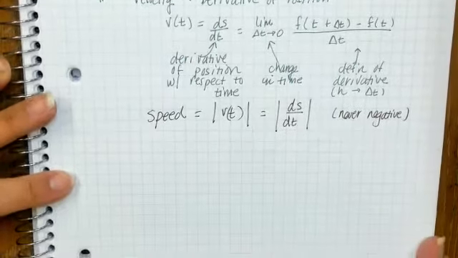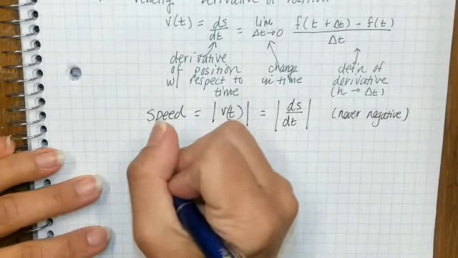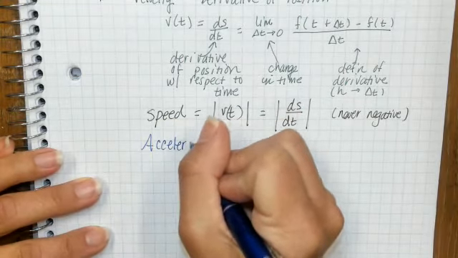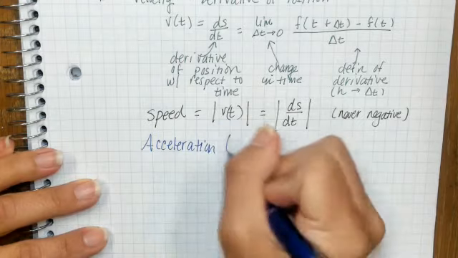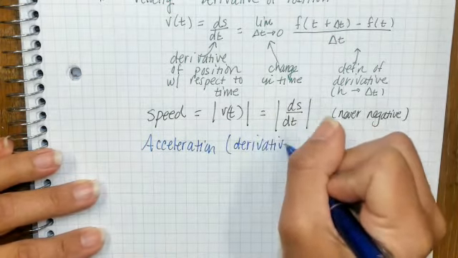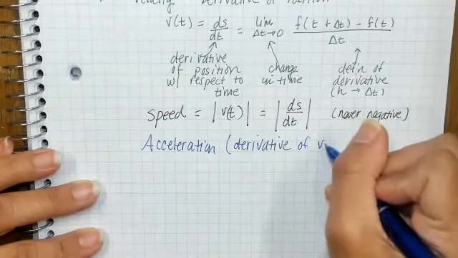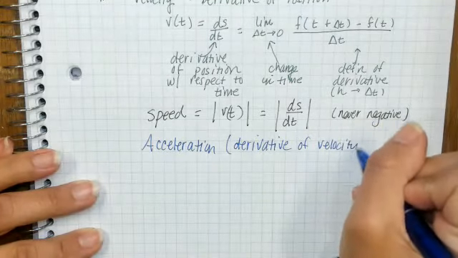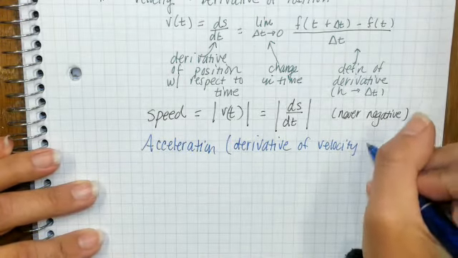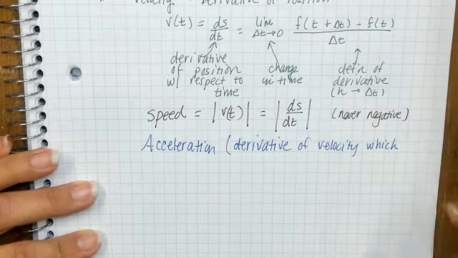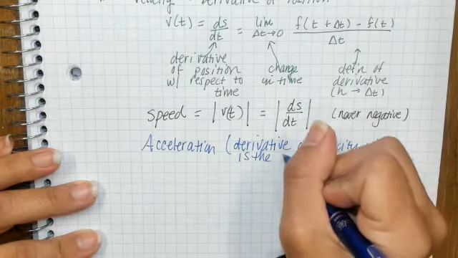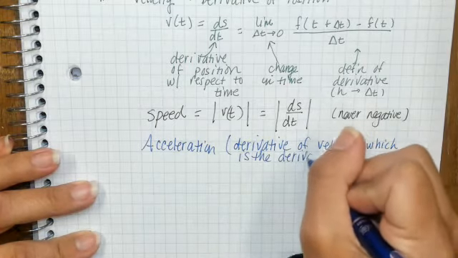Okay, last, before we start getting into some examples, is acceleration. Acceleration is the derivative of velocity. Remember, velocity is the derivative of position. So it's the second derivative, we say.